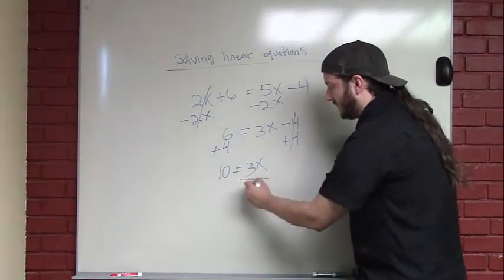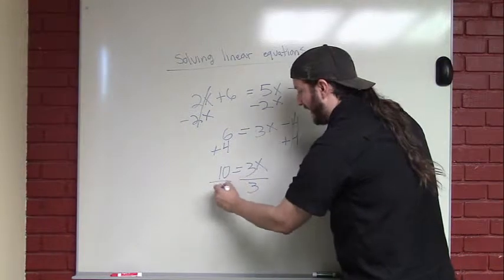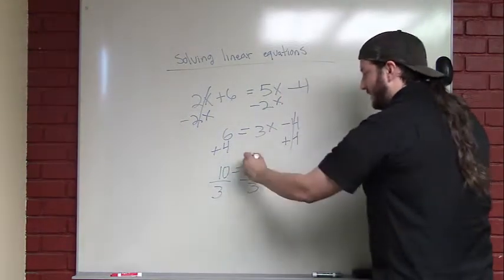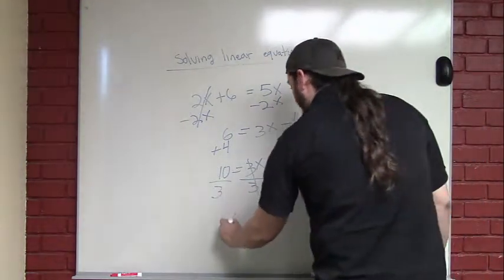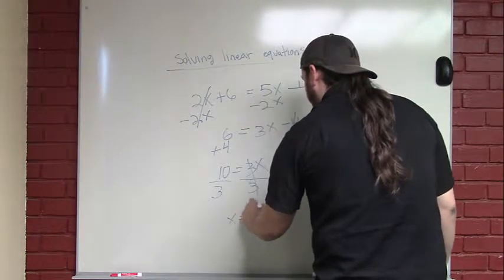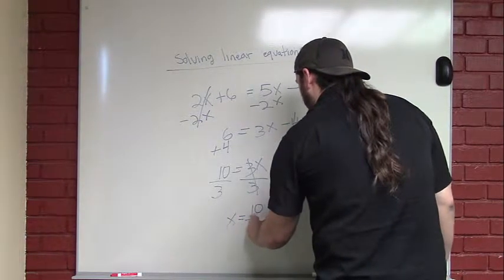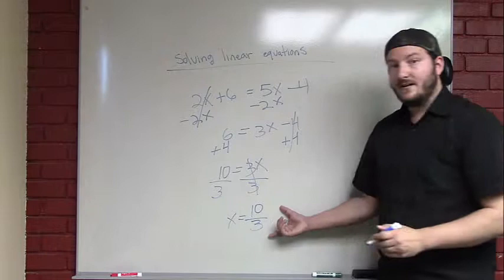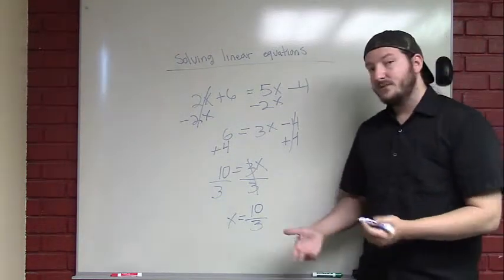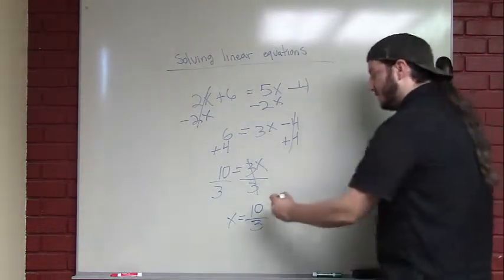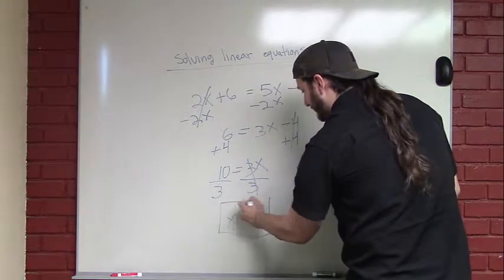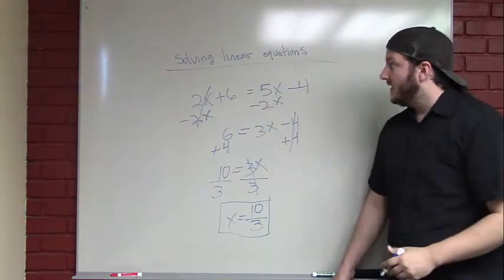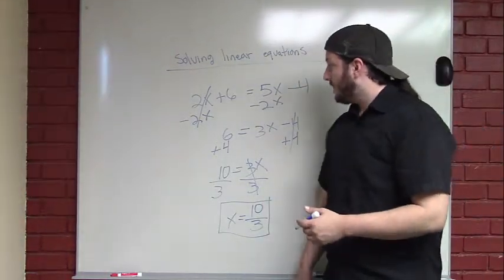So, divide both sides by 3, and we get x is equal to 10 over 3. Again, this guy doesn't reduce, so you put that guy in a box, and that's your answer. Okay?